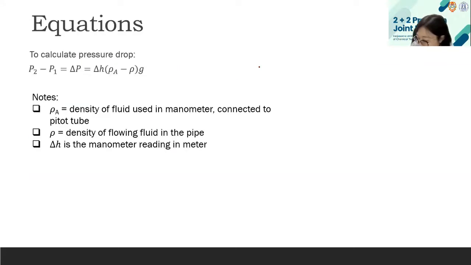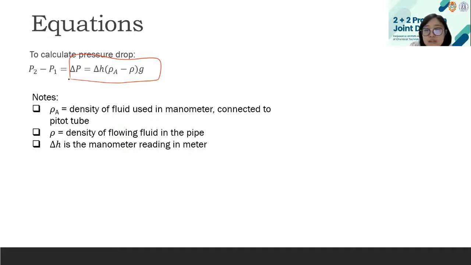Previously I told you that the delta P directly correlates to the flow rate. So to calculate the pressure drop, we can use delta H in the manometer times rho A times gravity.